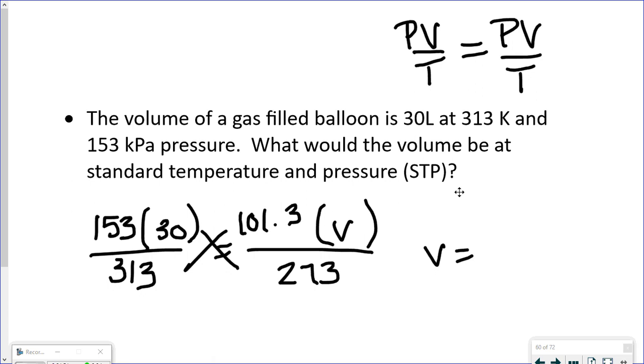The other side, you have 313 times 101.3, which is equal to 31,706.9. When we divide them, we're going to get a volume of 39.5 liters.